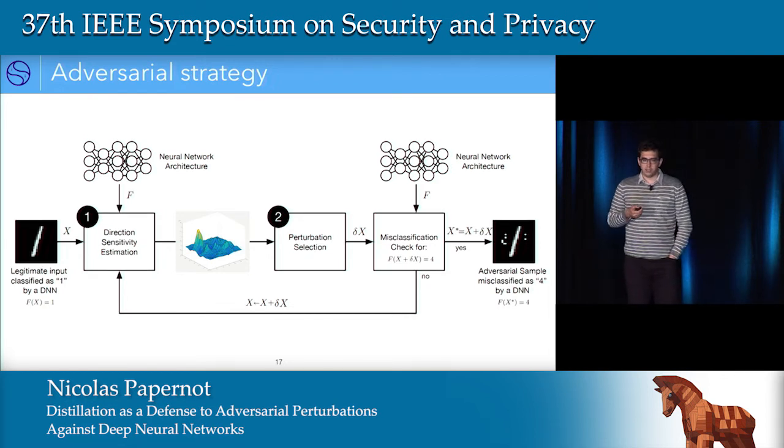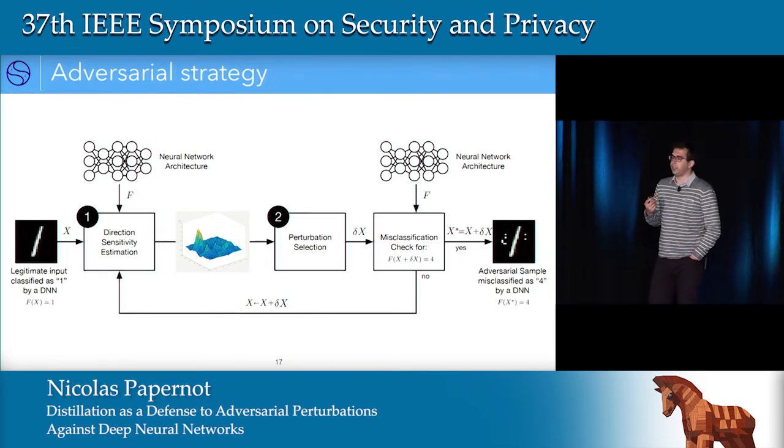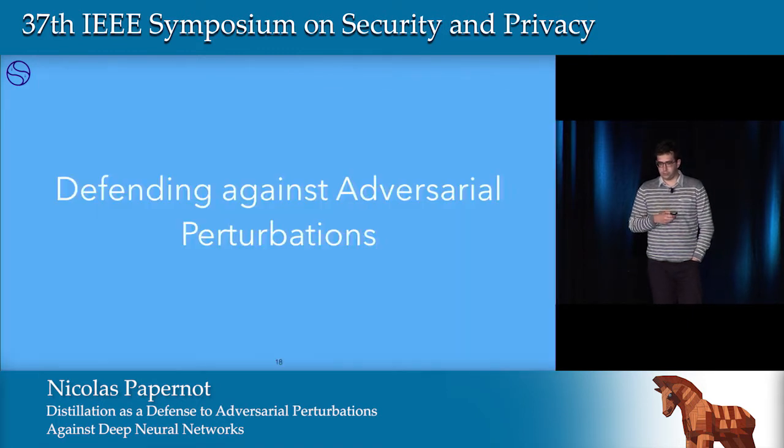And then you combine these values into adversarial saliency maps, which will indicate for each input feature how likely it is to contribute to your misclassification goal. And you do this iteratively, perturbing the highest saliency features until you are able to force the model to misclassify this sample in a class that you chose.